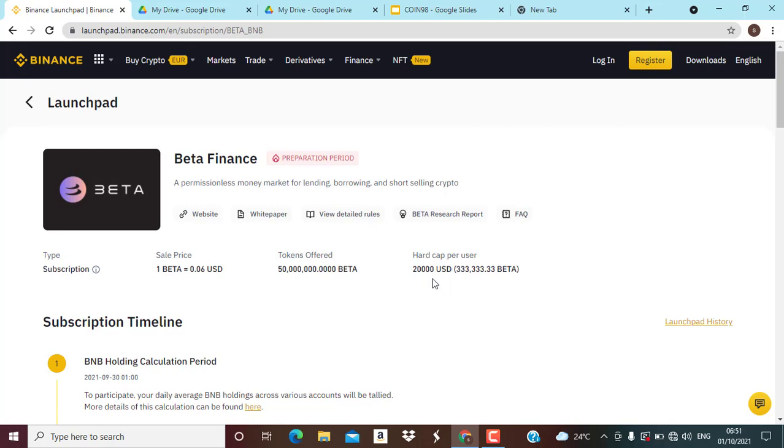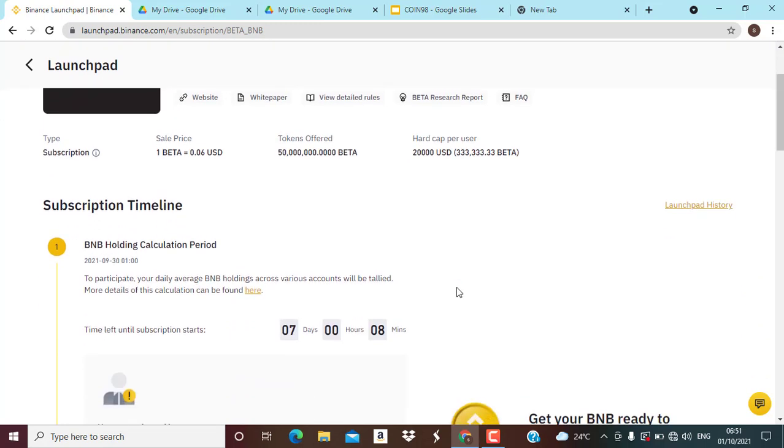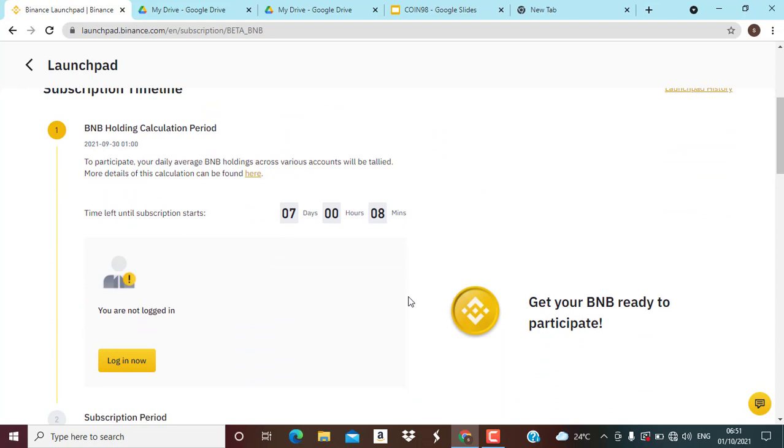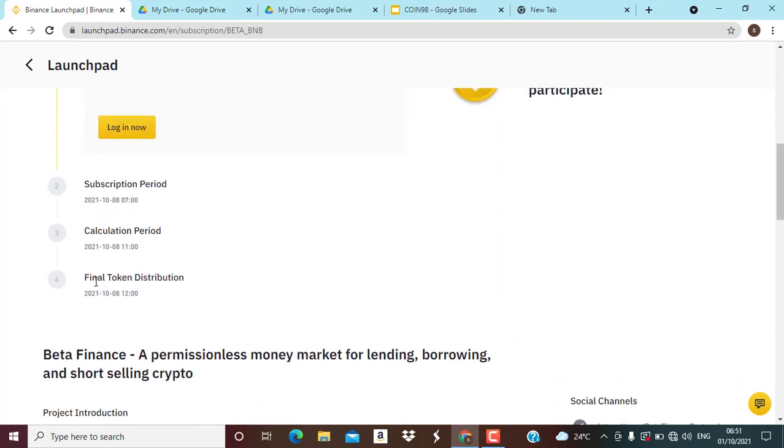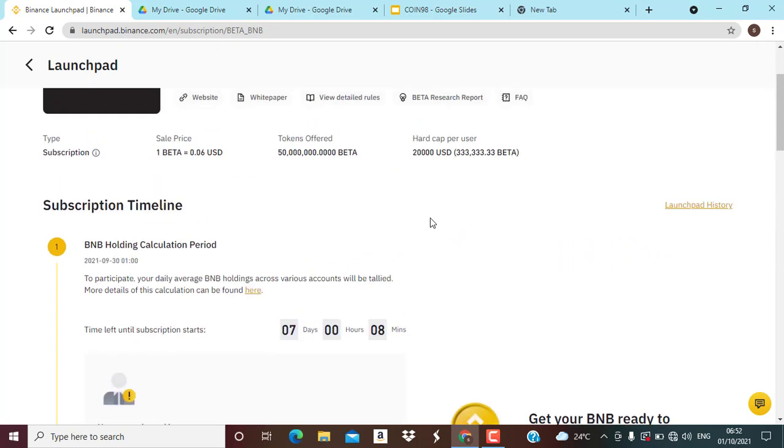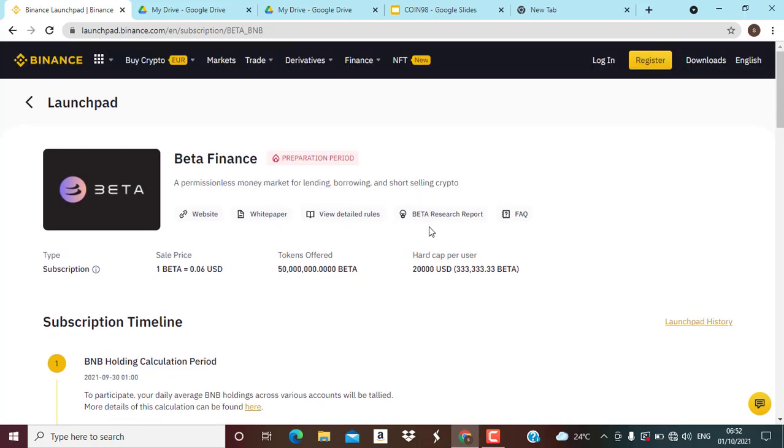Now, when you've already gotten the Beta Finance token and it is listed, because it's going to be listed on the 10th of October 2021, after the final token distribution period by 12 UTC, it is going to be listed on Binance. What you have to do is look at it very well and monitor the charts, that is, monitor how price is moving, and then sell off at a good price.